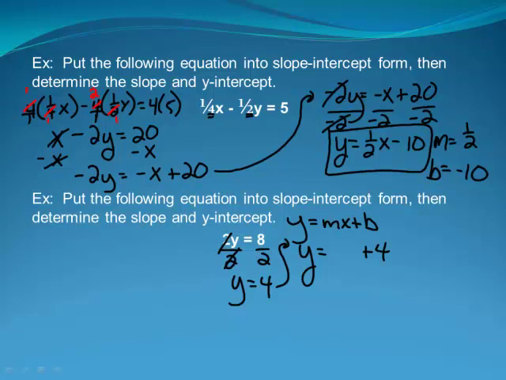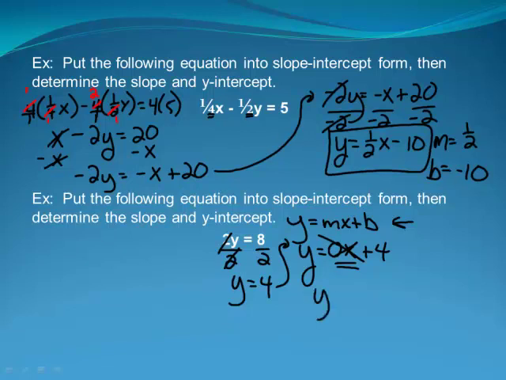Notice that there is not an x variable in this equation, but to put it in slope-intercept form, if you want that x to appear, you can simply put a 0 in as a coefficient, because 0 times anything is just 0. And so really 0 times x is gone. So it's still y = 4.